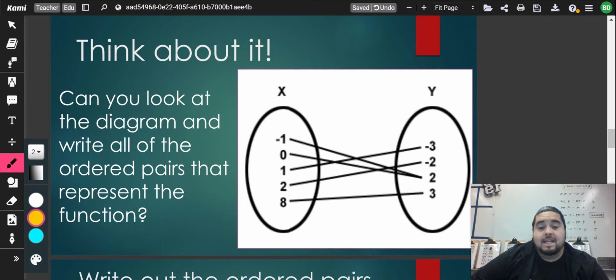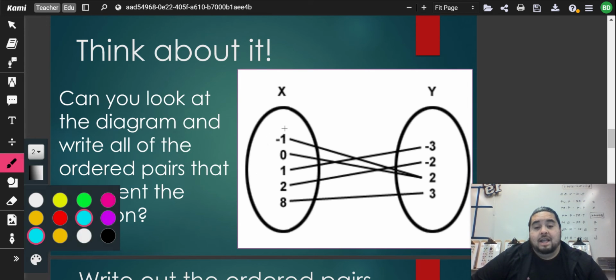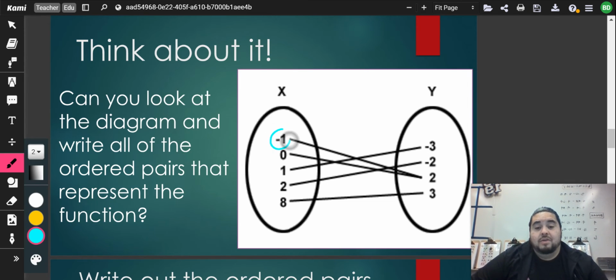So mapping is the idea that the domain and the range are already separated out. We have our x's listed, we have our y's listed. But the mapping is the line that connects the element in the domain to the element in the range. So if you look, for example, at -1 right here, which is in the domain, it's an x value, and then you follow the line that connects it to something in the range right here, +2.